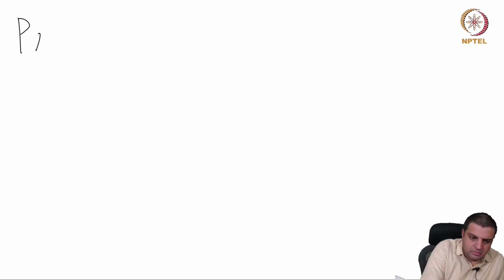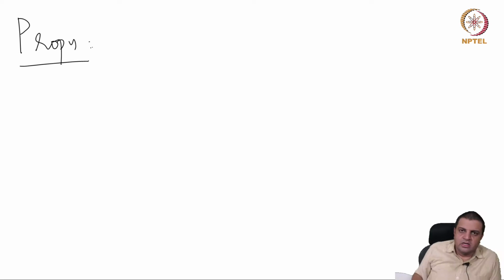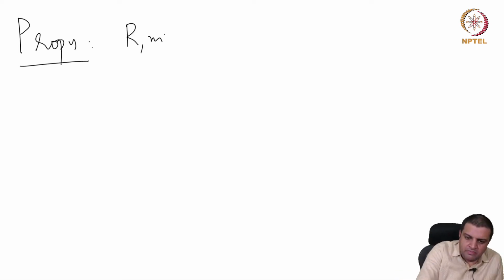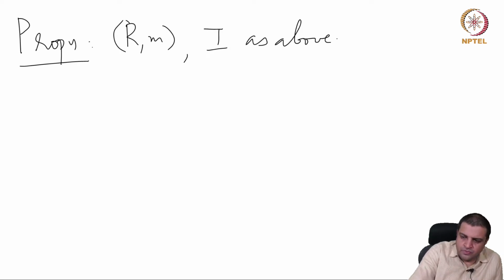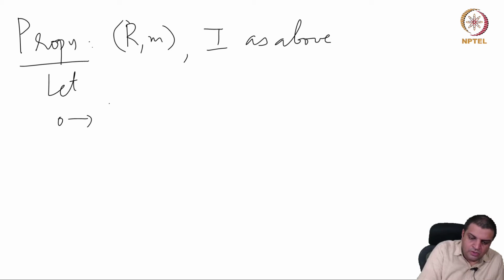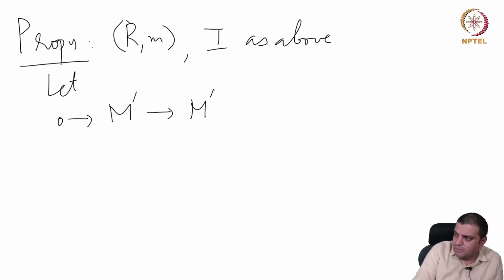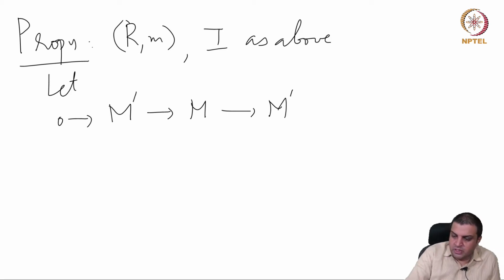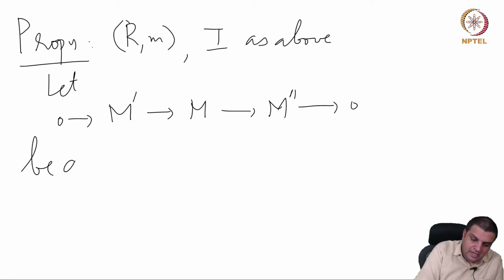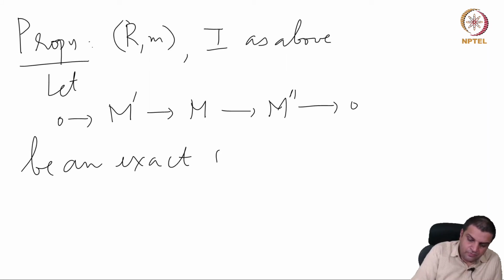Okay, so here is a proposition that we would need for later. So R, m, I as above. Let 0 to M prime to M to M double prime to 0 be an exact sequence of finitely generated R modules.